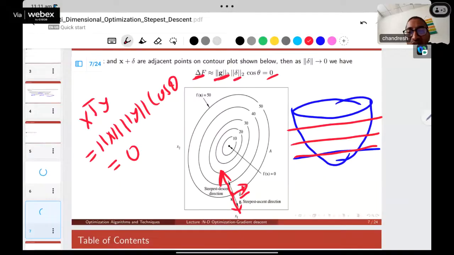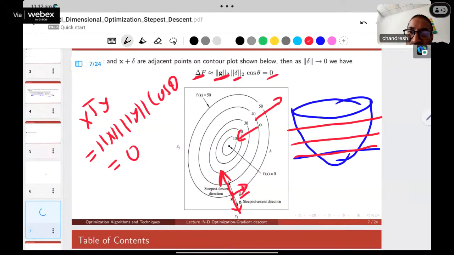Now in this contour plot, if you see the gradient direction, the positive direction, if I move in this direction, the function value is increasing, 40 to 50. If I go in the opposite direction, the function value is decreasing. Everyone see that? This is a very important slide: why the gradient is always perpendicular to the contour line, and why we move in the negative direction of the gradient.